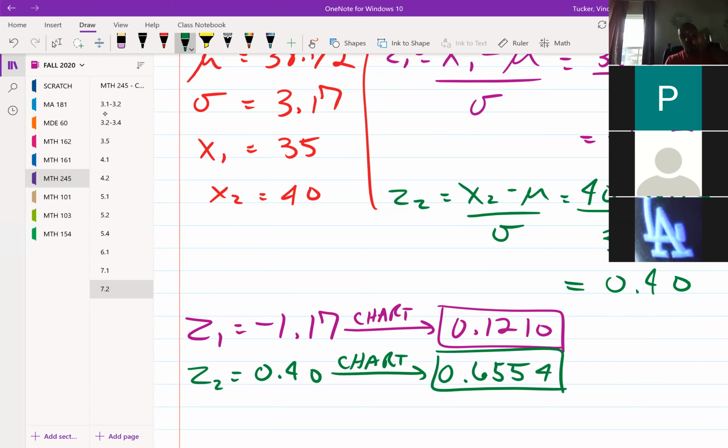All right, so you go to the chart and you should get 0.1210 for the first value, then 0.6554 for the second value.